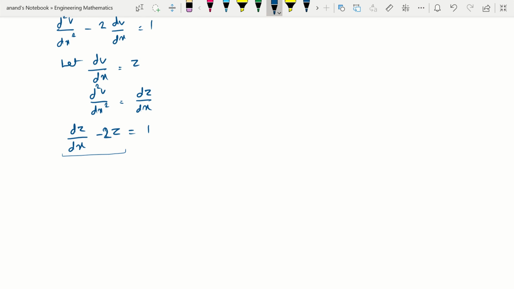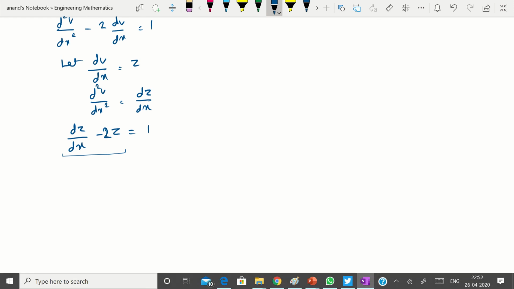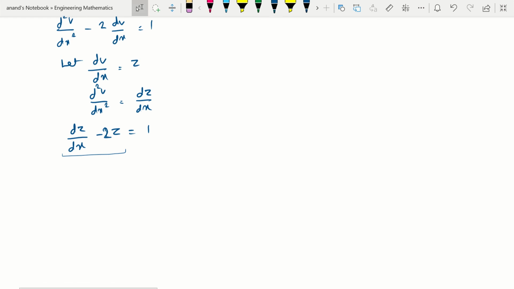Here we need to find the integrating factor, which will be e to the power ∫−2 dx, so it becomes e^(−2x).